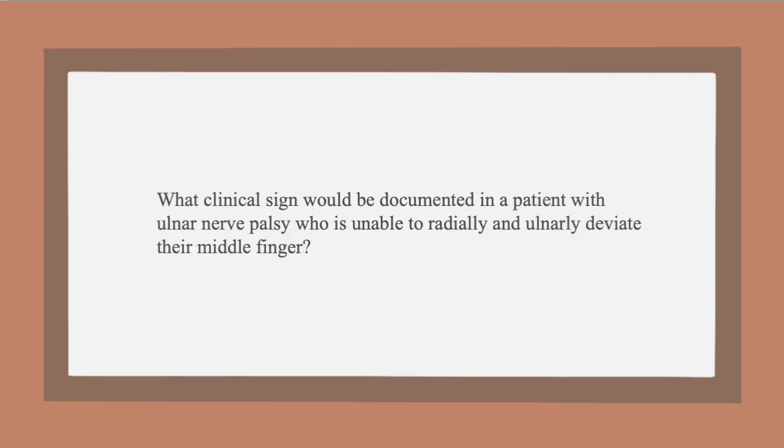The hint for the next question is to think about the different ulnar nerve palsy motor signs, and particularly thinking about PAD and DAB, or the palmar adductors versus dorsal abductors.